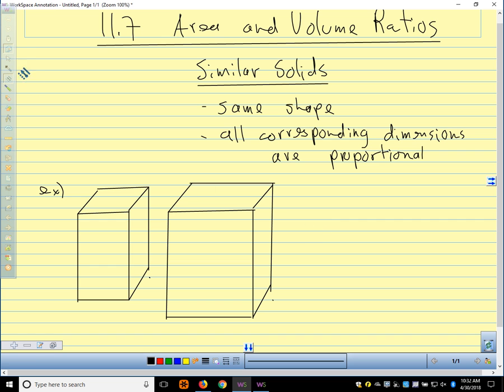I'm going to say this is 8, 3, and 5, and this is 10, 4, and 7. And we want to know, are the prisms similar?